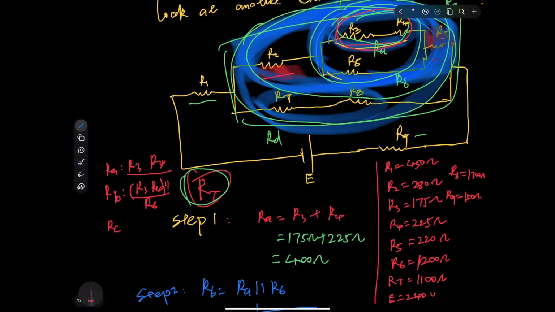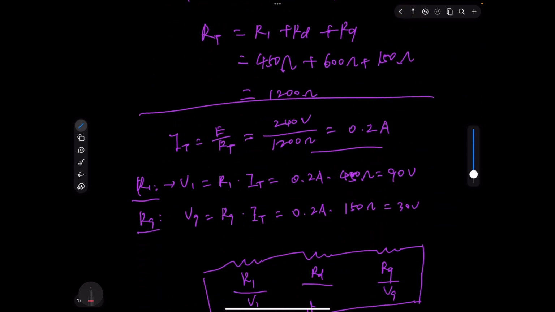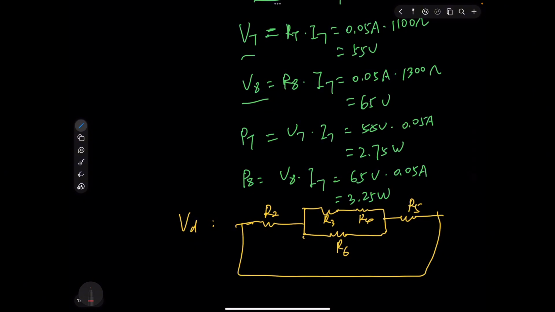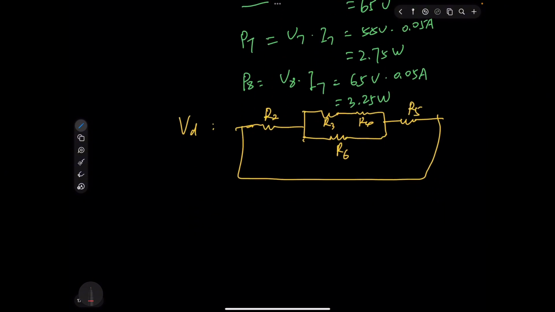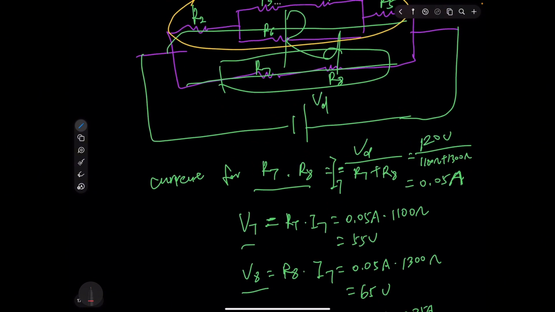RC is R2 in series with RB and in series with R5. So we're looking at RC right now. RC is 800 ohms, so we're going to use RC. So the total resistance for this part is RC, which is 800 ohms, and the voltage is VD.